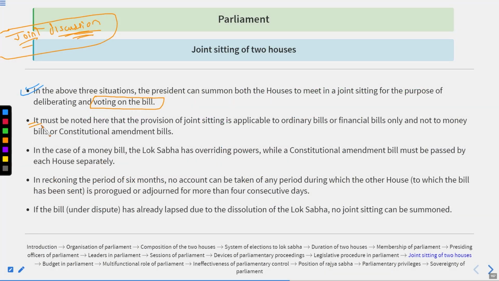It must be noted here that the provision of joint sitting is only applicable to ordinary bills or financial bills. Basically, this provision is not applicable in the case of a money bill or a constitutional amendment bill.